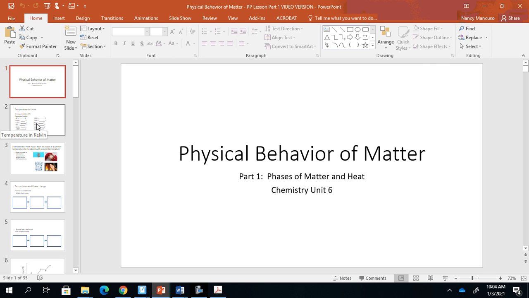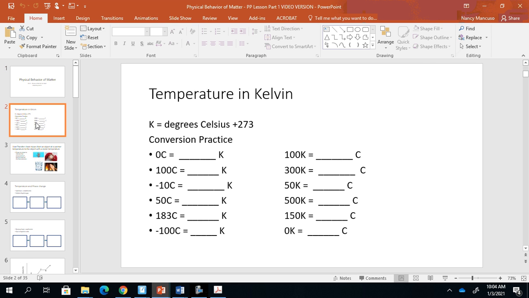We're going to start with temperature. When we typically think of temperature, well, we live in America, so we think of Fahrenheit, but in the metric system, we use Celsius, and we even use another temperature, which we're going to learn today, called Kelvin. For a lot of the work that we do with gases, we need to make sure the temperature is in Kelvin, not Celsius.